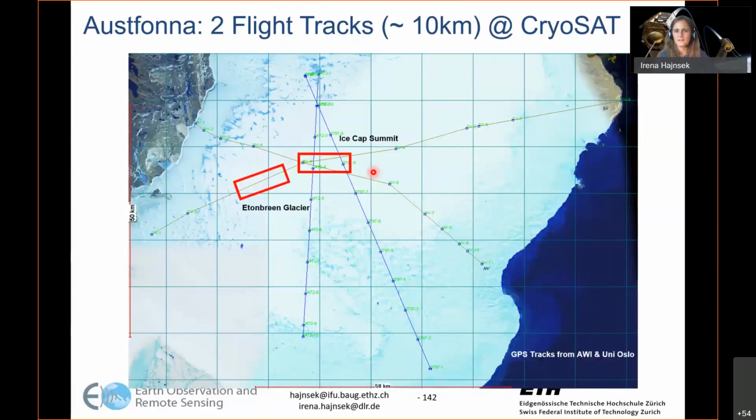We had some lines here. These are in principle tracks, either CryoSat tracks, where we have height estimates, or ground-based GPS tracks that were acquired using skidoos in order to drive around this area.